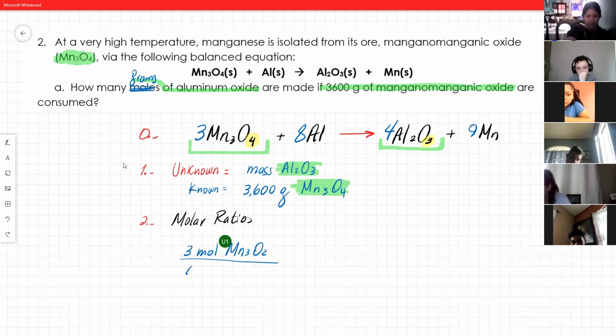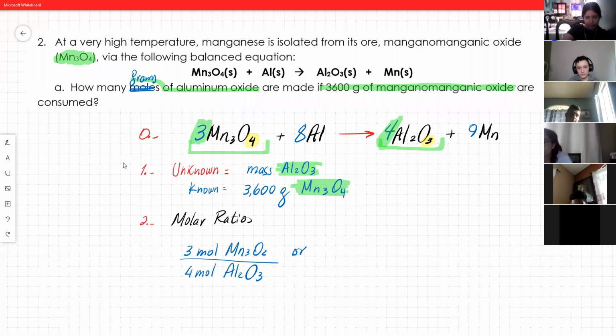Just write the two substances and the coefficients that are involved, 3 and 4, those are the coefficients you need to write, nothing more. We can only put one possible answer, and then we can deduce the other. Sorry, I have a mistake here. This is 4 and not 2.